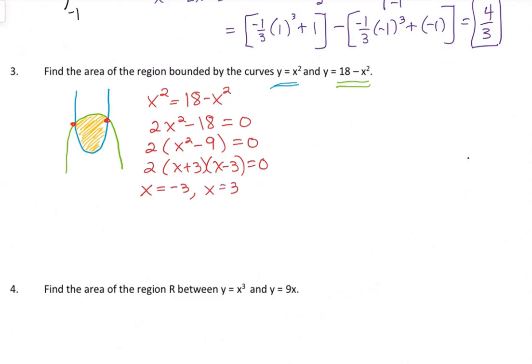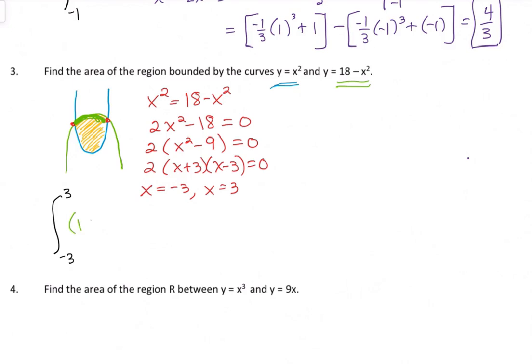So I'm ready to set up my integral. My integral is going to go from the smallest intersection value of x to my larger, so -3 to 3. And now I want to figure out my integrand. So looking back again at that picture, I noticed that on top of that area is the piece of the parabola that opens down.